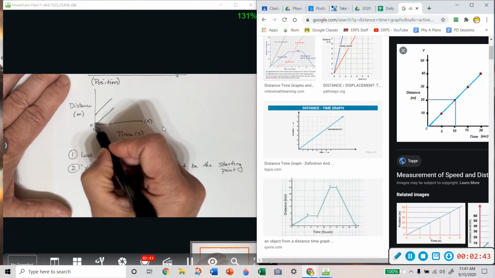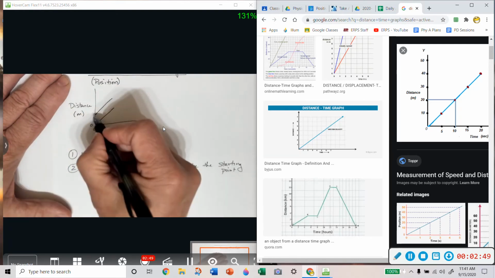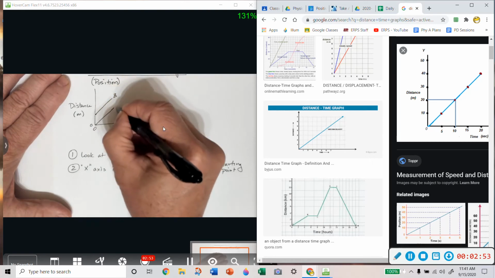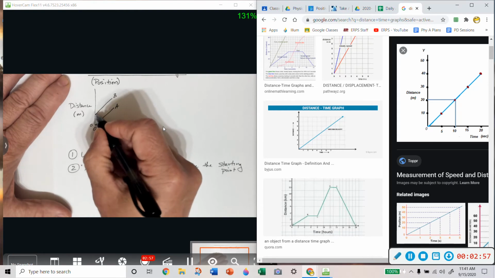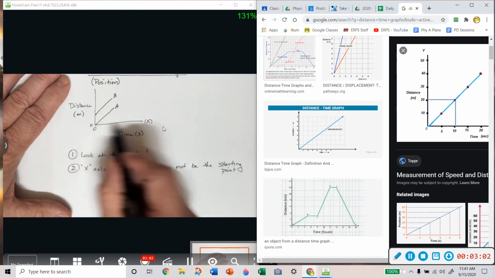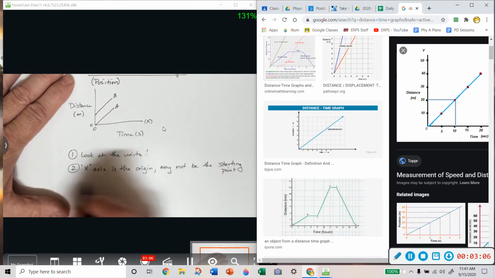It lets me know that these two objects started at the same time, but one was ahead of the other. Let's say this one's B and this one's A. B did not start at the origin. It had its own starting point that was a little bit ahead of the origin. But the origin is where all things are referenced to. Okay? So that is a piece of information.